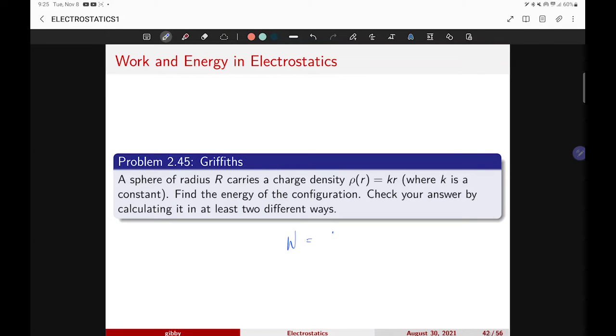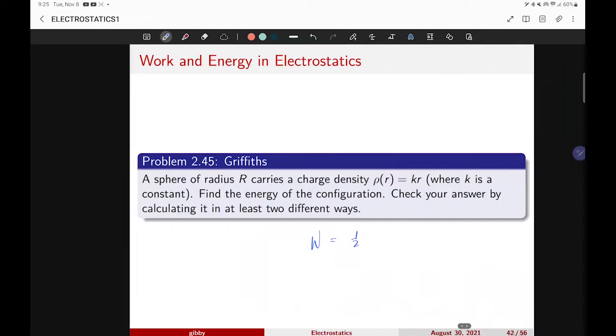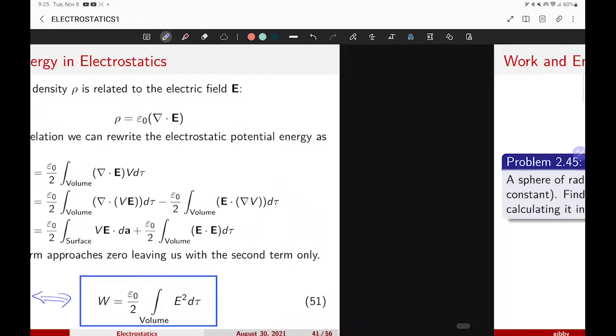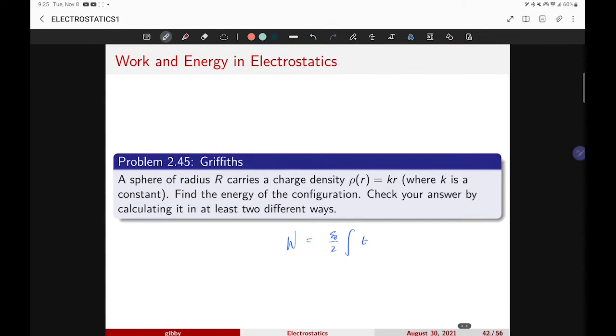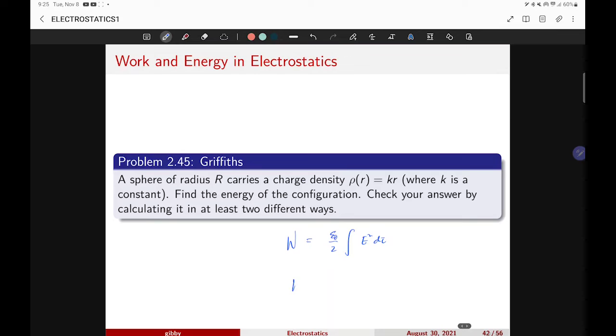We have the expression epsilon naught over 2 integral of E squared d tau, and the other one is 1/2 integral of rho V d tau. So we should be able to get the same answer.